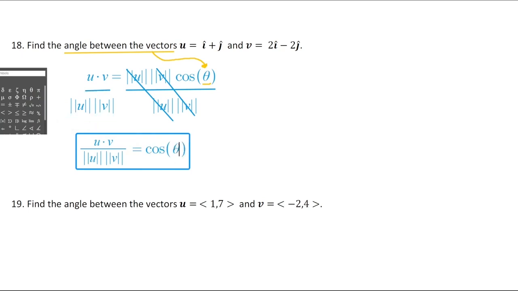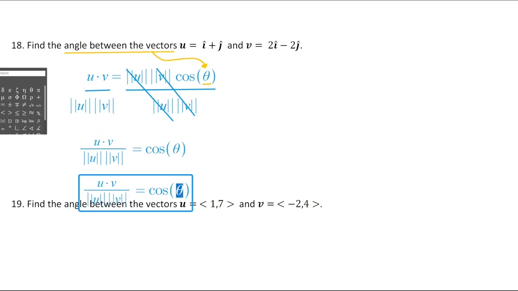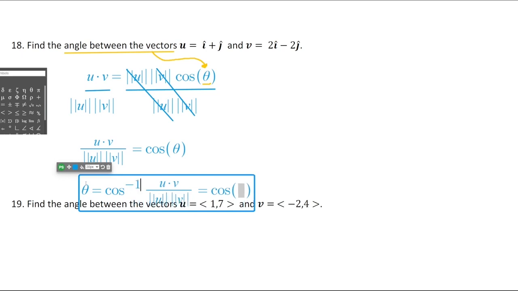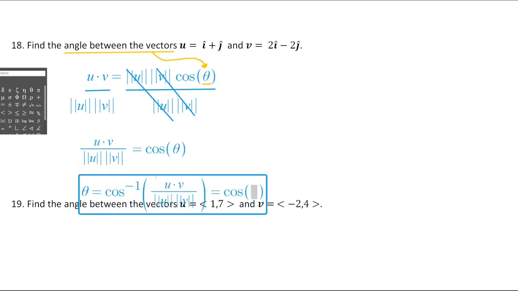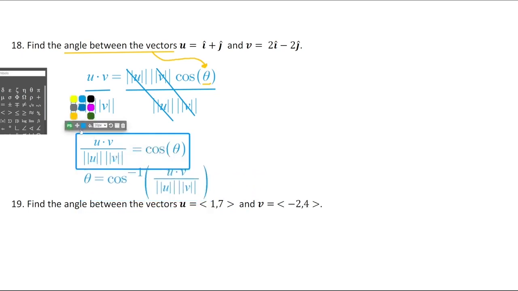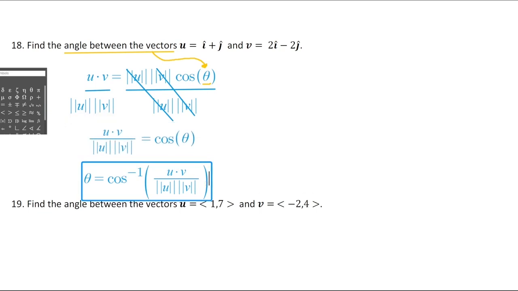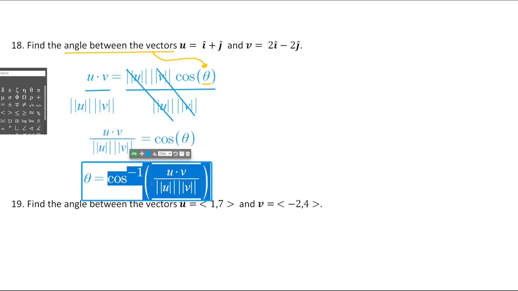Then to isolate theta here, you take the inverse cosine of both sides, and you'll end up with theta equals the inverse cosine of this expression. So this is going to be the formula that we use to calculate the angle between two vectors, but I'm not going to give this one to you explicitly on the test.